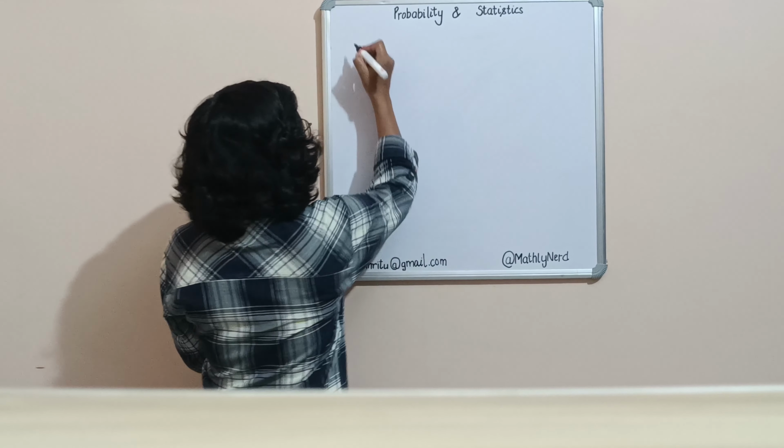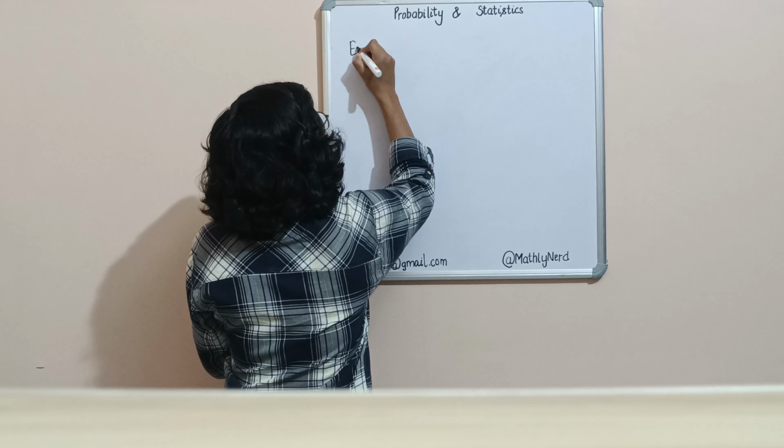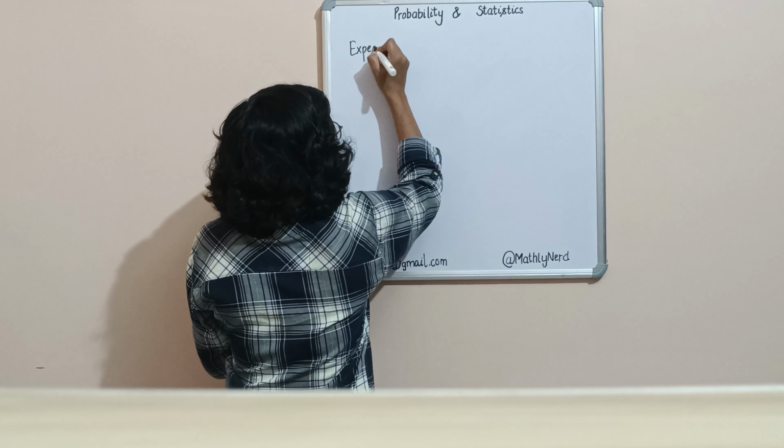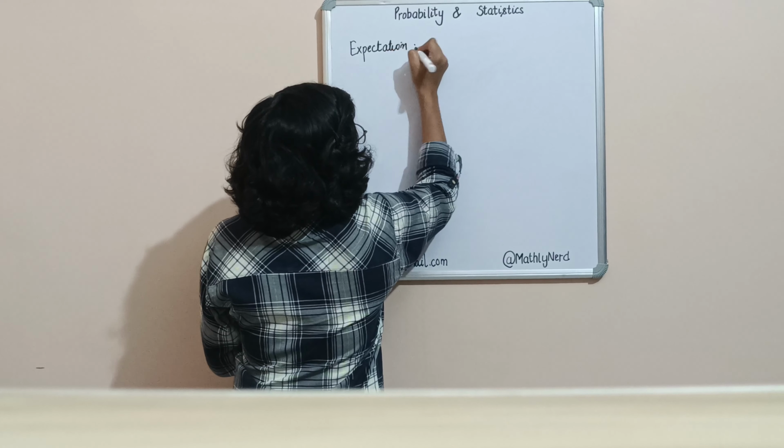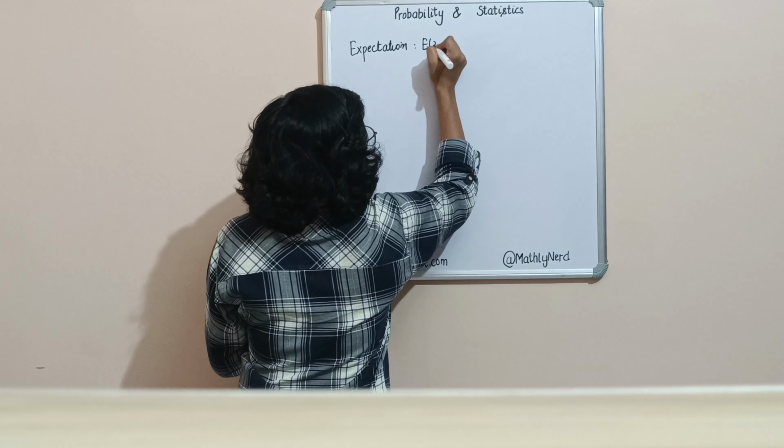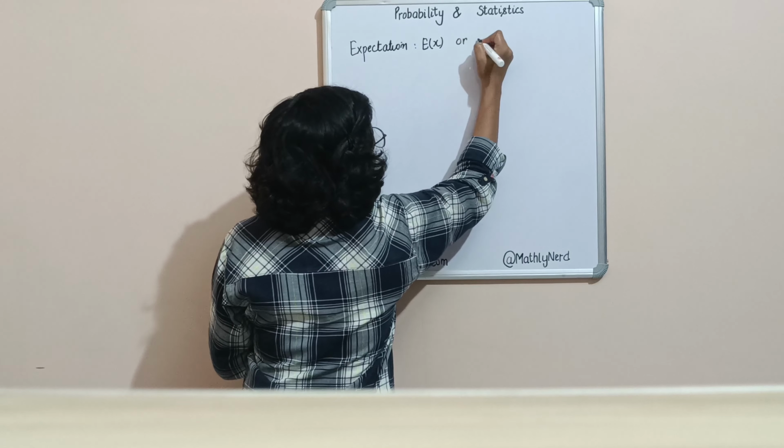Expectation of a random variable also acts like an average and it can be denoted by E of x or mu.